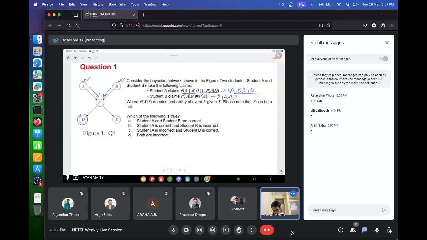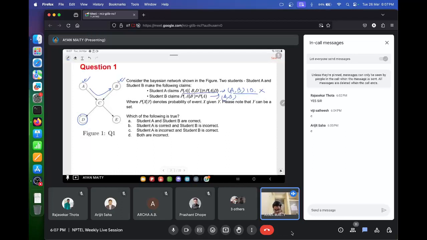If C or any of its descendants is given, in that case this path is not blocked. So if C is given, this path is not blocked. If D or E is given, this path will also not be blocked. So A and B will be connected. A and B are connected if D is given. If A and B are connected, then A and B cannot be independent of each other. So the first claim is wrong.